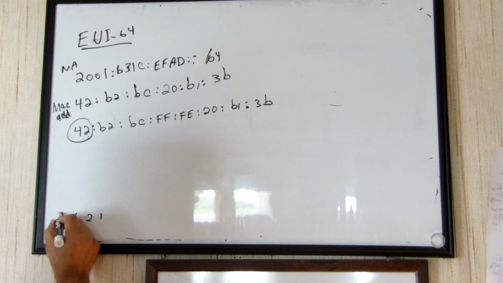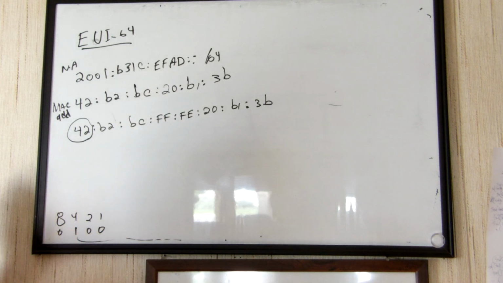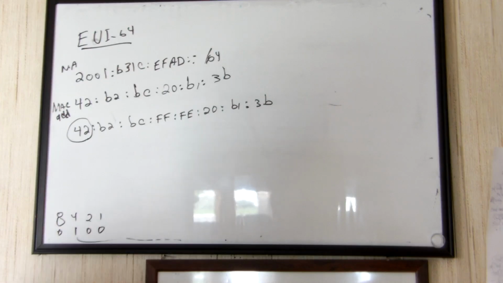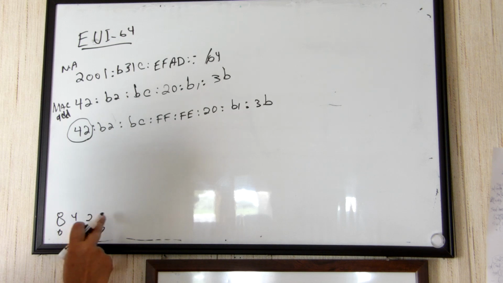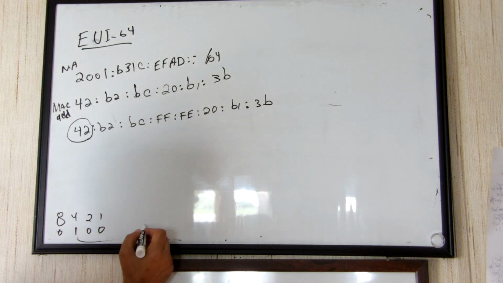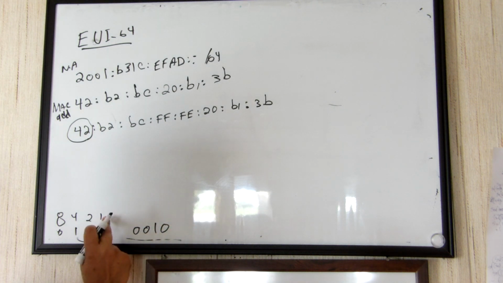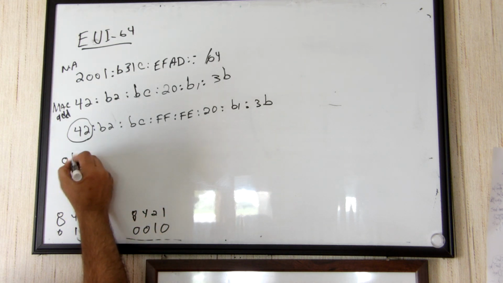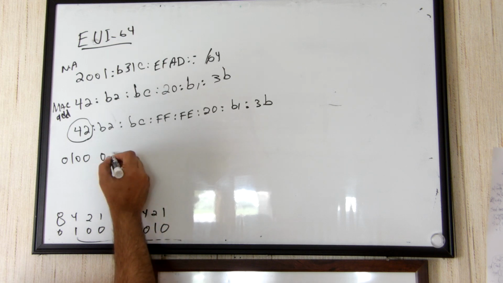We have binary 1, 2, 4, 8. 4 is 0100, because coming from this side, 8 is more than 4 so it's 0, then we have 4, then 0, 0. And the next one is 2, which is 0010. So we write it here, 0100 and then 0010.